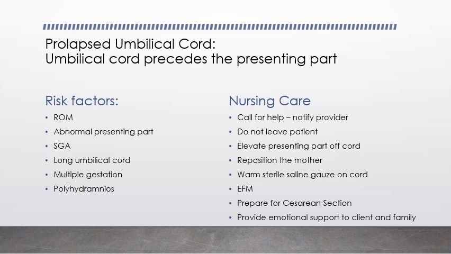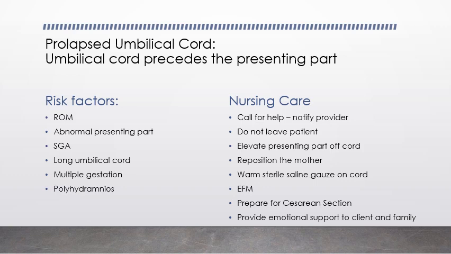And then the last one is polyhydramnios. Poly means a lot, and hydramnios is the fluid. Sometimes you might just hear hydramnios, and that means polyhydramnios. So lots and lots of fluid, and if the fluid leaks or the mom's membranes rupture, that cord can prolapse.